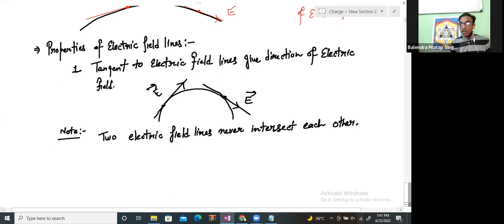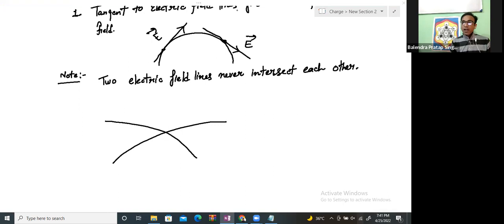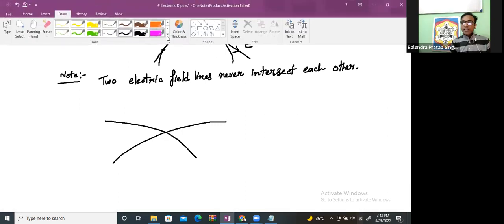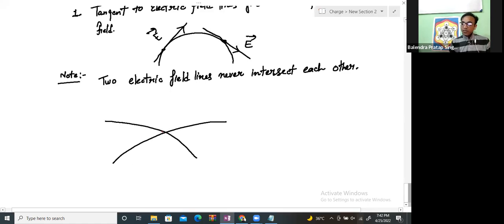Because suppose two electric field lines intersect each other. Suppose I take an electric field line in this direction, and another electric field line in this direction. What happens if these two intersect? The first curve, if I take a tangent at this point, gives the direction of the field in this direction, and over the second curve, if I take a tangent, the direction is in this direction: E1, E2.